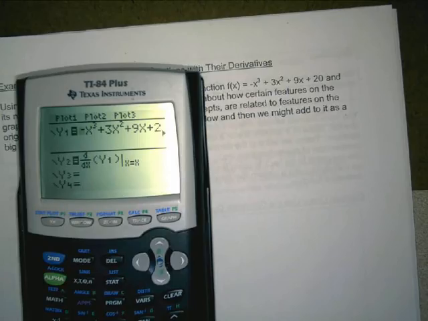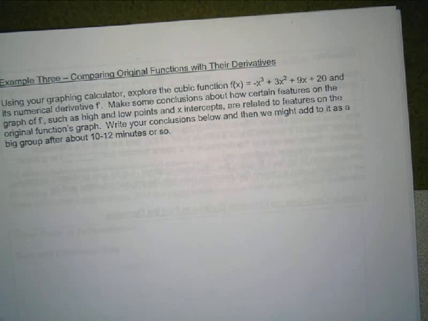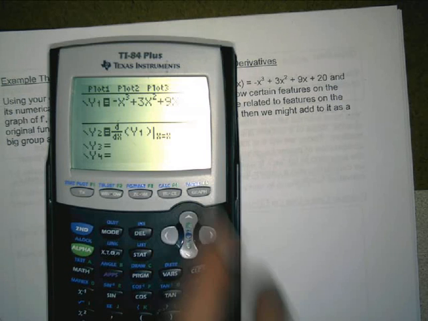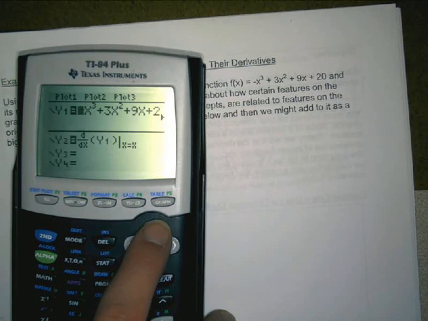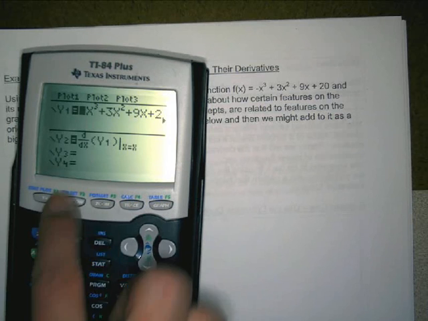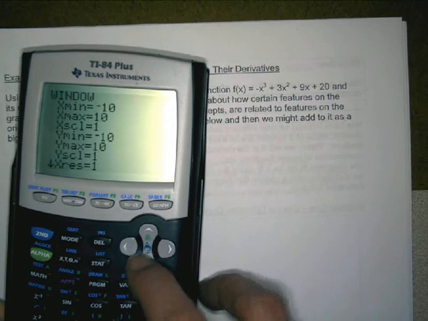What's your window? I just did the standard window, but I'm gonna have to fix it a little bit. How do you plug in the nDeriv in the old version? You go Y1, then comma X. There, now it's working.